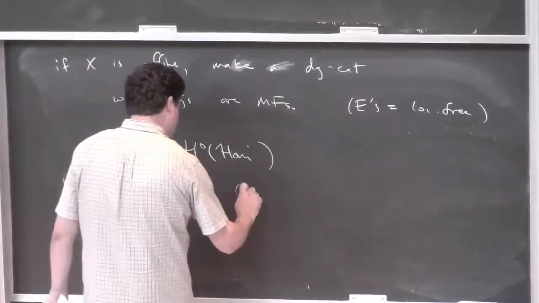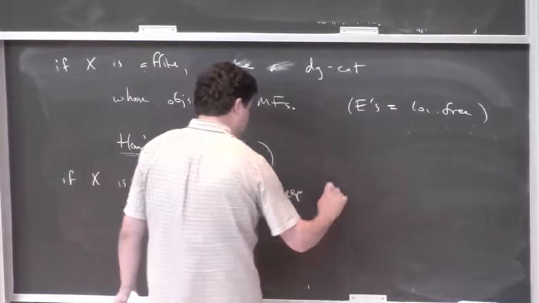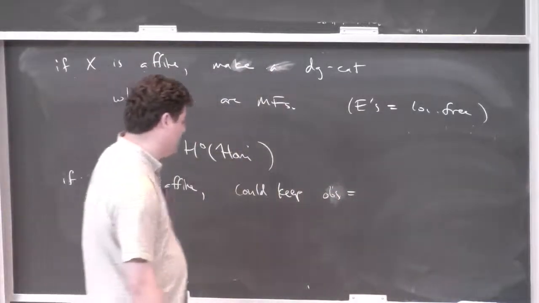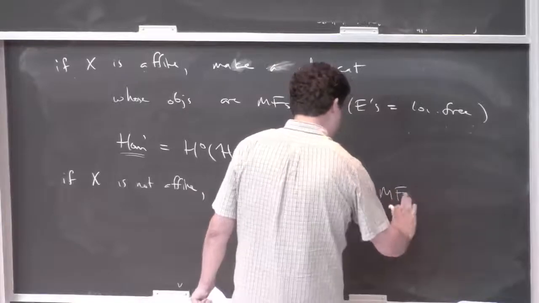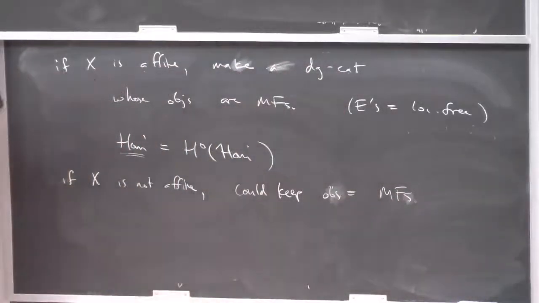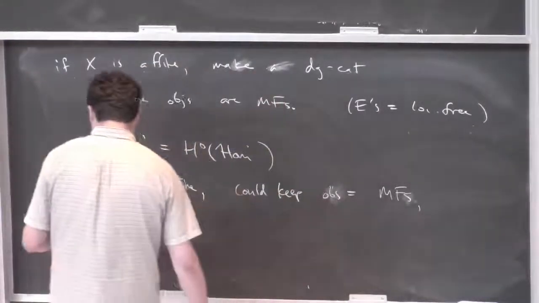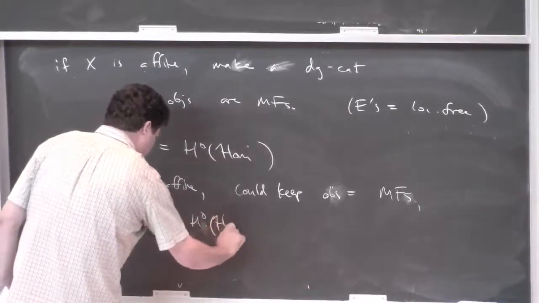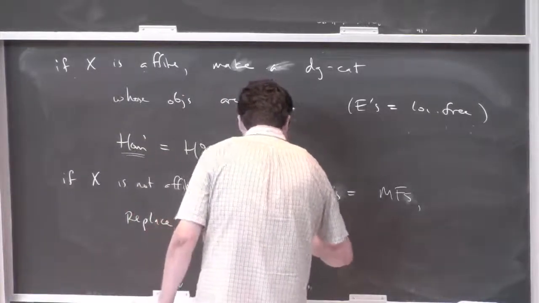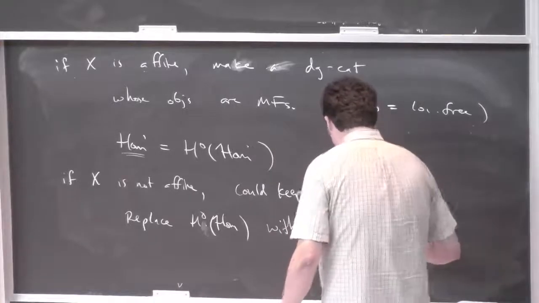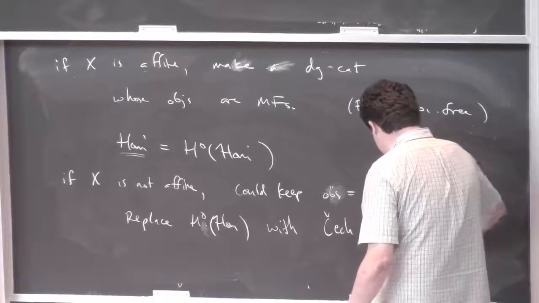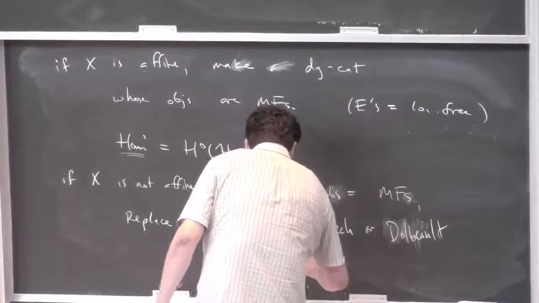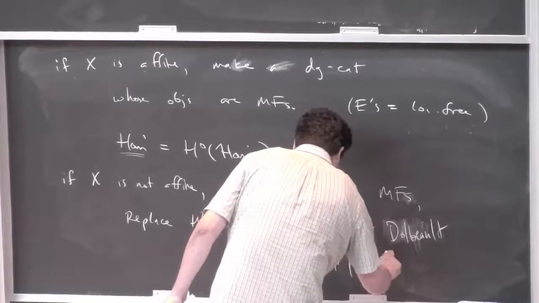We could keep our objects as bundly matrix factorizations, and we could replace H0 of this Hom complex with either a Čech or Dolbeault model of R gamma sheaf Hom.